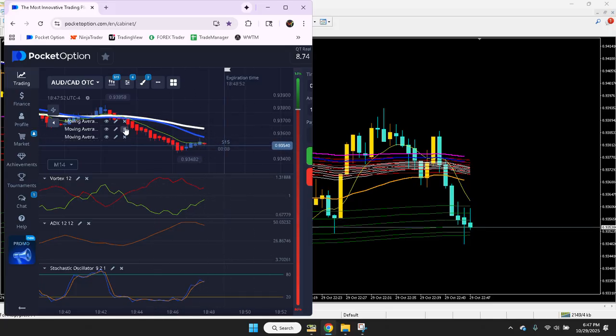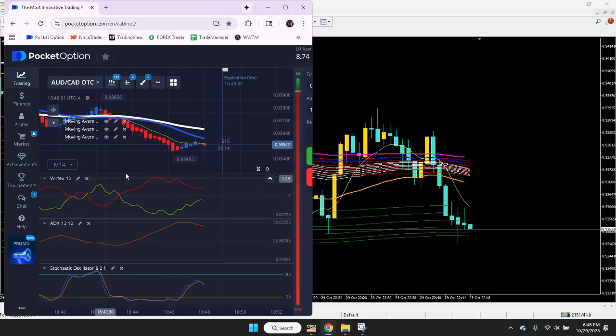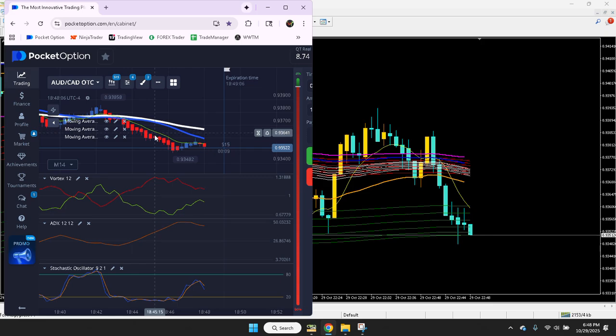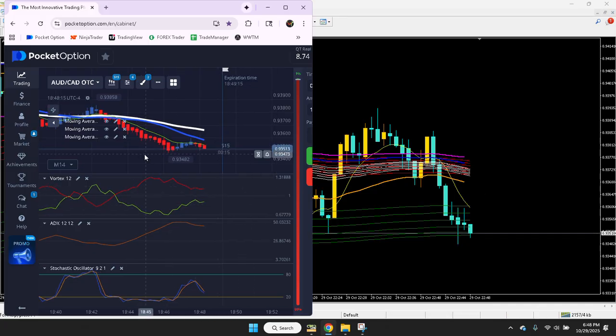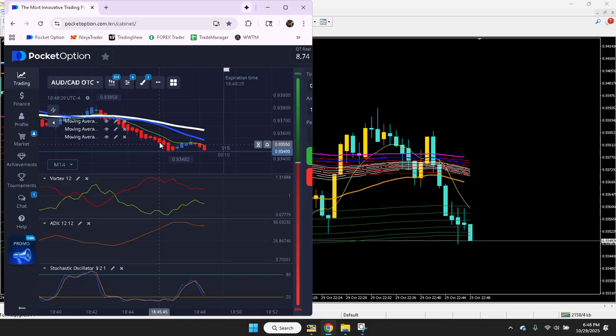That's one of the nice things about using Heikin-Ashi on Pocket Option: there are different indicators. Let's say the market's going down and you get a signal for going up, and that signal is right here, but yet it's in red. You would probably avoid that and then wait until you actually get some blue.